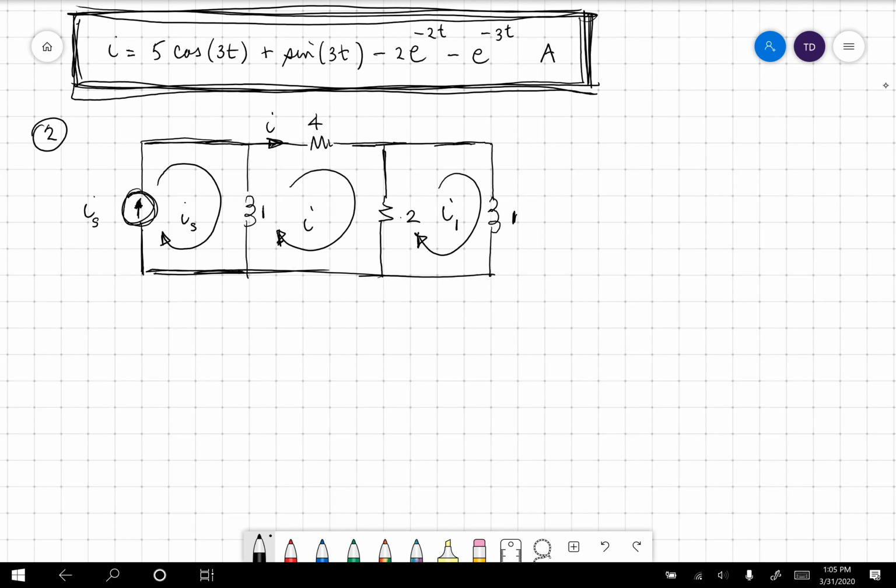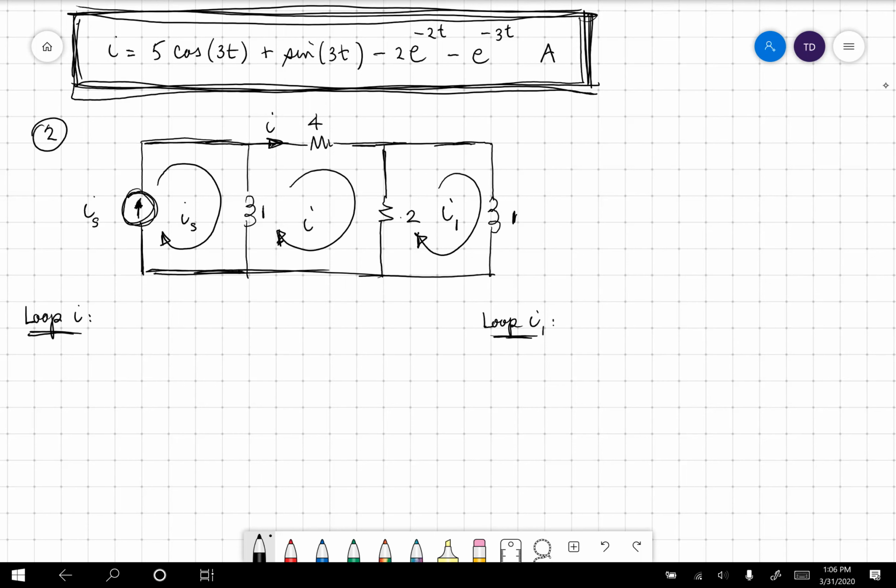Okay. So with that, let's go to work. There's nothing to do with IS. IS is a known source. That's awesome. There are only 2 equations. Loop I, loop I1. So let me try to put them on separate sides. Loop I over here, and then over here on this side, loop I1.